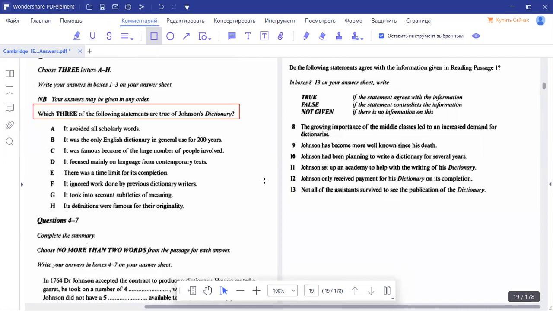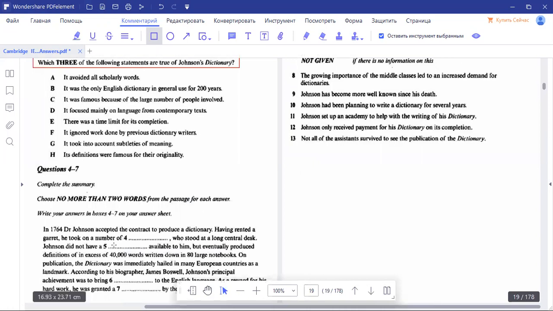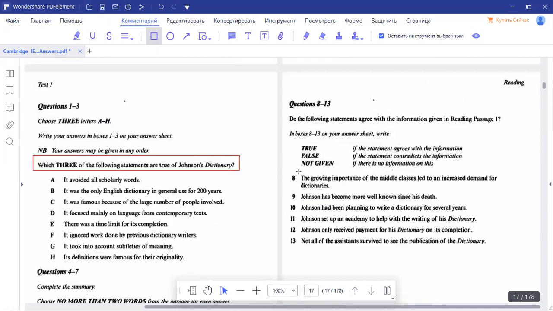So let me start from true false not given. I think it's easier for me. The key point to answer the questions in true false not given is to be able to understand every single question in detail. So let's go.